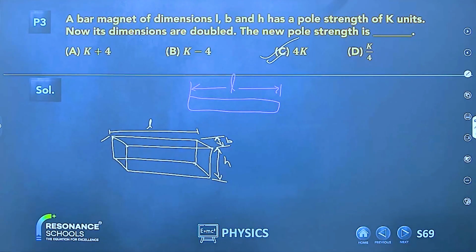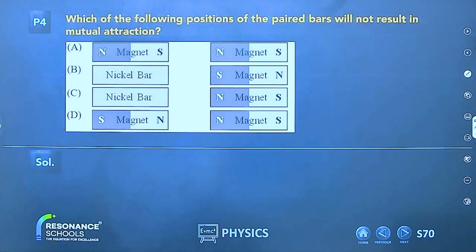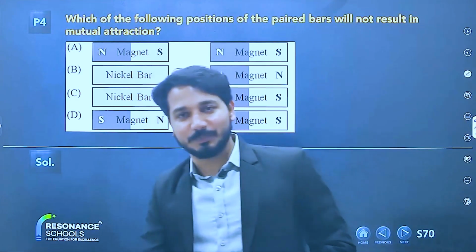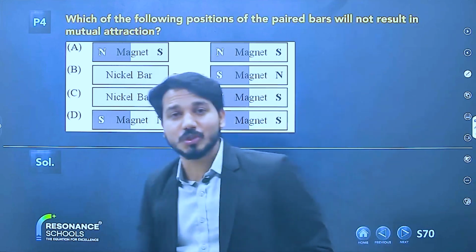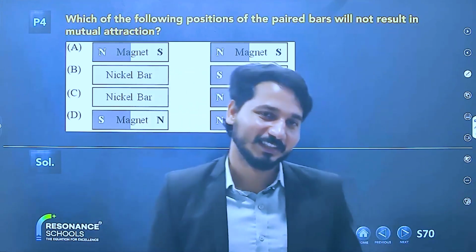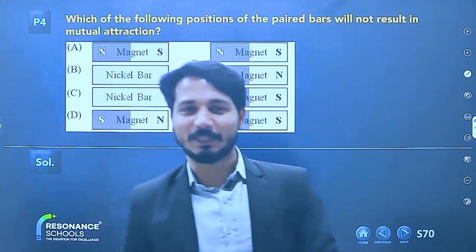Okay, moving ahead to the next question. Next, which of the following positions of the paired bars will not result in mutual attraction? Very simple.